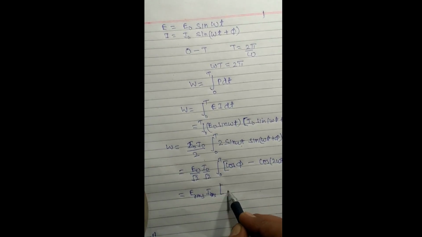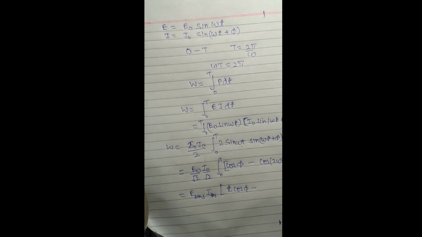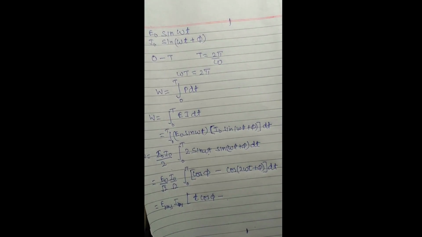So we get t cos phi, and on integrating cos of 2 omega t plus phi, here we get the answer as sine of 2 omega t plus phi, and you know that while integrating we have to take the coefficient of t in the denominator, that is here it is 2 omega. Now closing the brackets, and we have the limits from 0 to capital T, which is a time period.